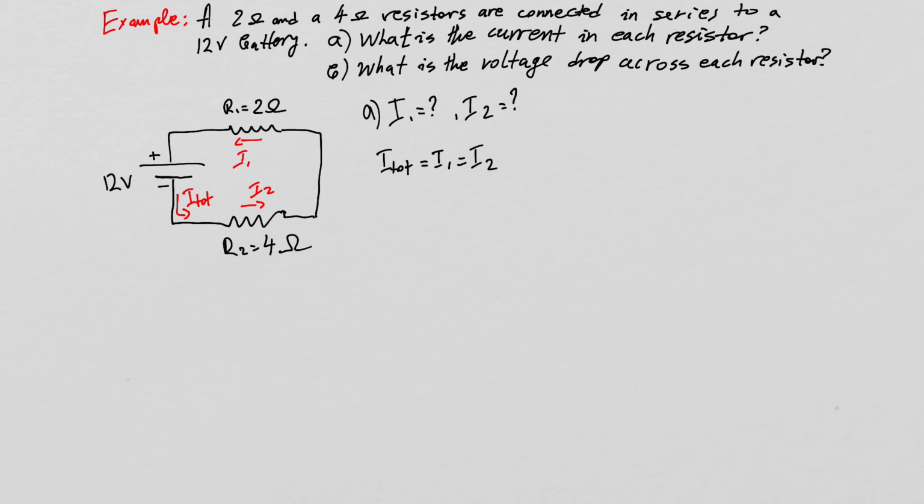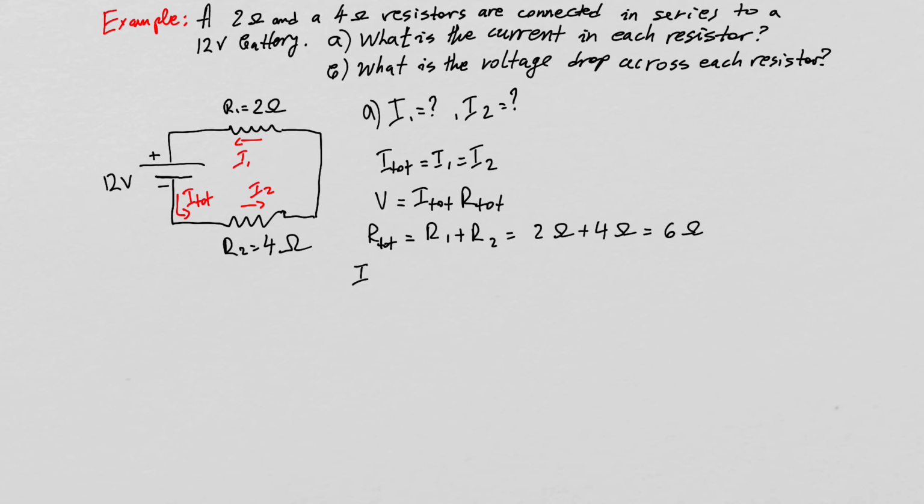So to solve the problem, I'm going to use Ohm's law for the entire circuit. So V is equal to I total times R total. Since this is a series connection of resistors, the total resistance is simply the sum of the two resistances. So this is equal to 2 ohms plus 4 ohms, and this is equal to 6 ohms.